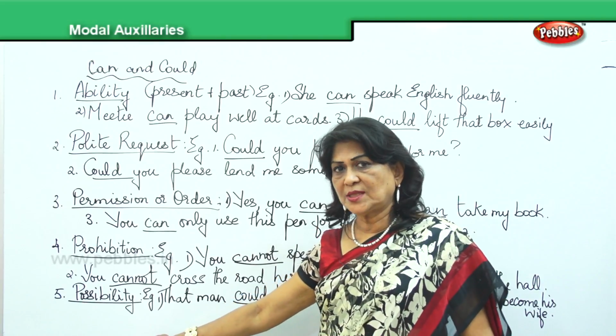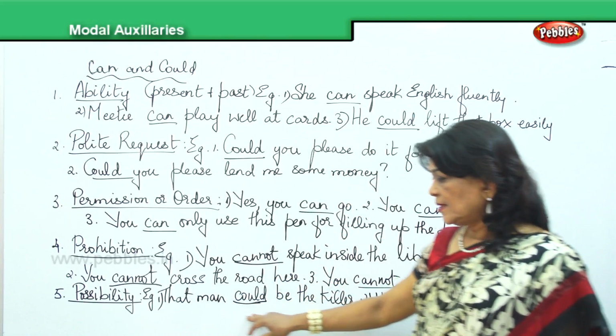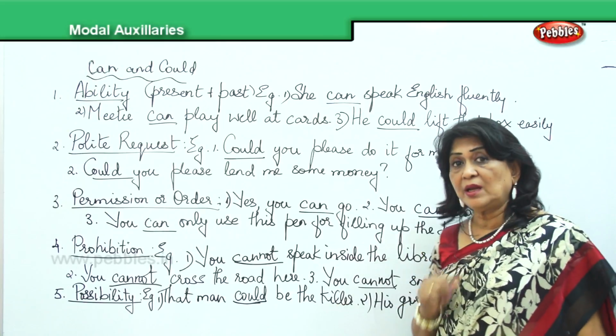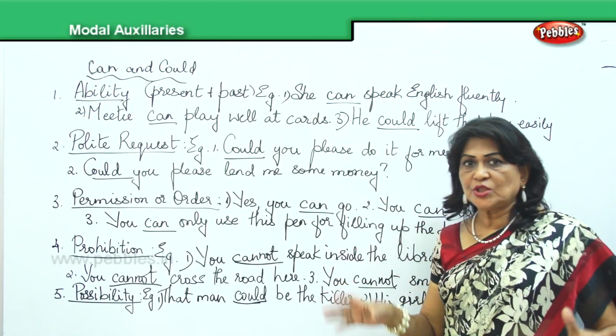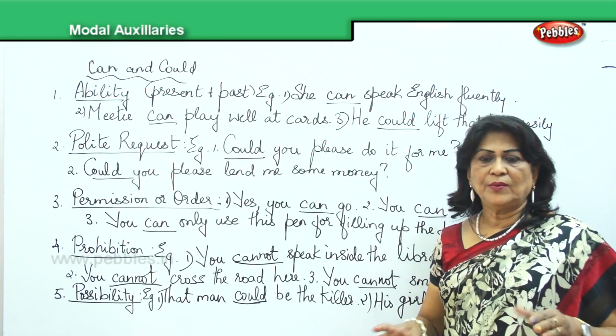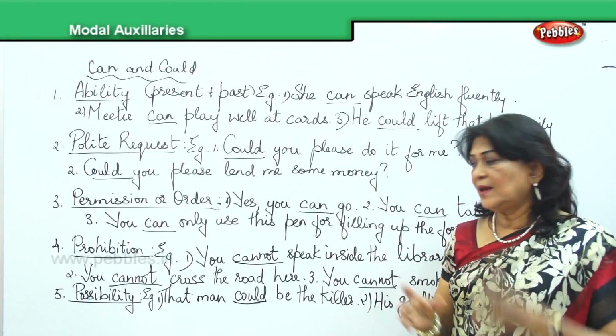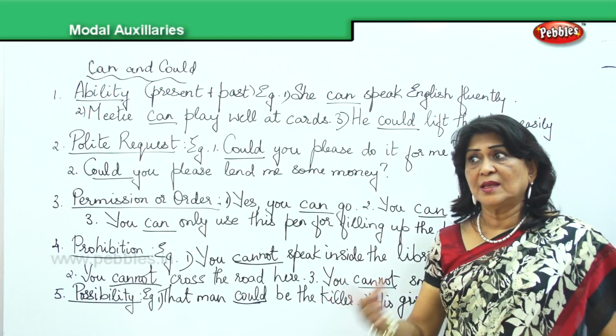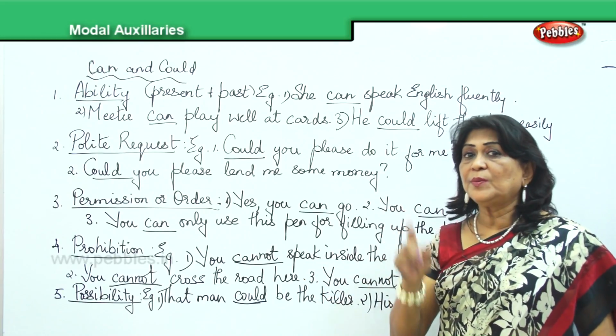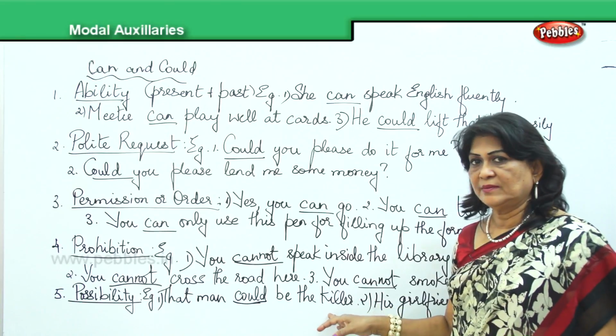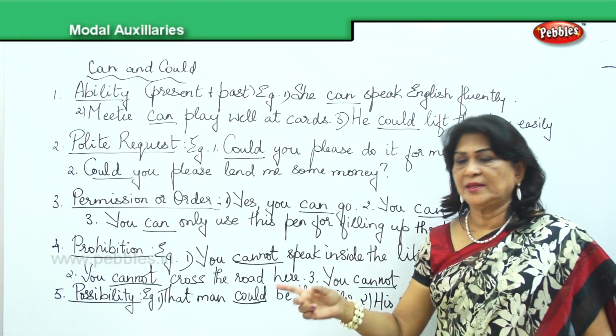Last one is possibility. That man could be the killer. So, when you watch a thriller movie or read a thriller story, you analyze and then you discuss. I think that man could be the killer. Okay, possibility.